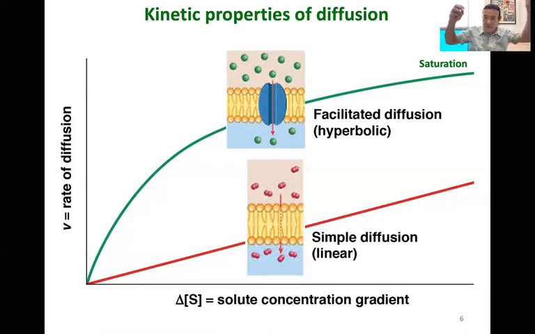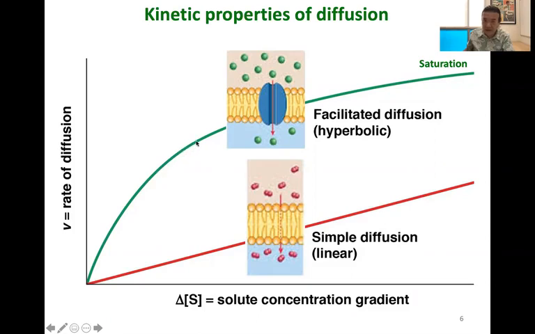So if you have very few green little balls arriving, and plenty of these blue diffusion proteins in the surface, then at first, there's nothing slowing it down. There's plenty of these channels for the green things to get through. So at first, you have a very rapid rate of diffusion of these green molecules coming in.